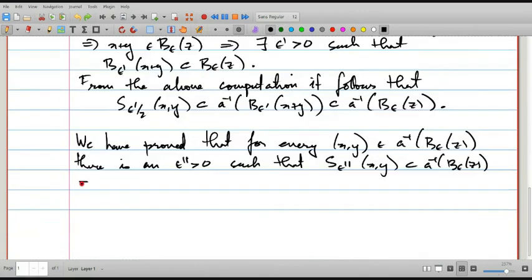So this implies that A inverse of B epsilon z is open. Thus, A is continuous.